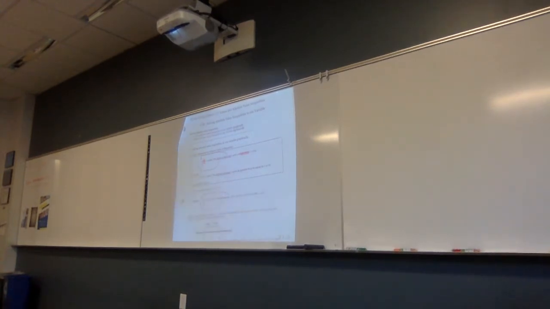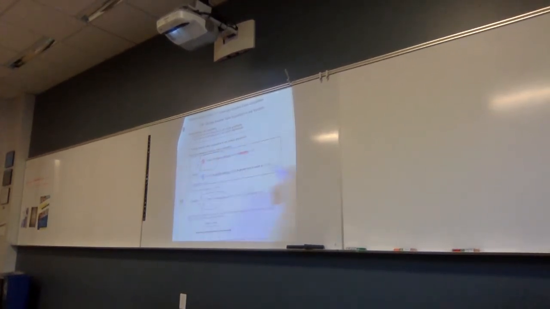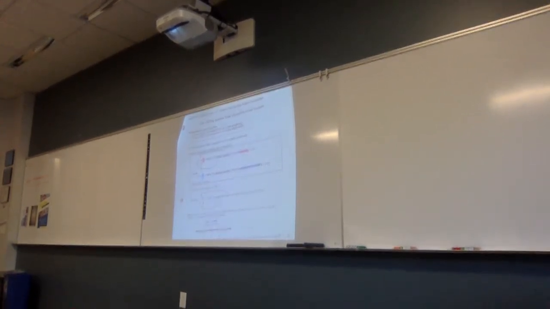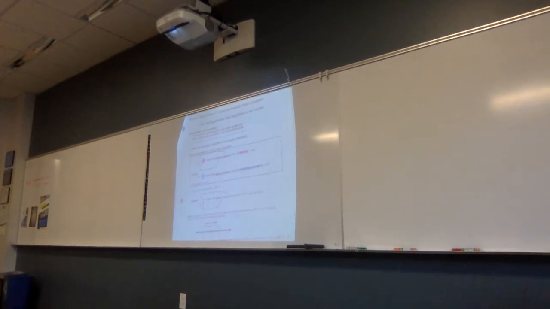In this case, the distance between x and a has to be greater than or equal to c units away. So I start at a, I travel c units, and then I start shading everything greater than c units away.